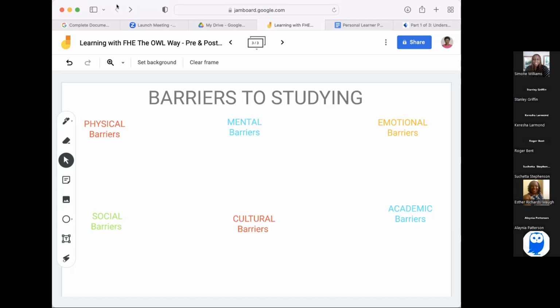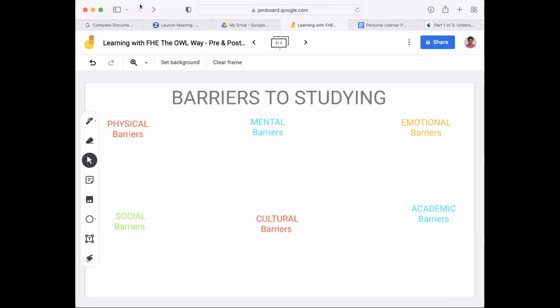And so within the whole study cycle, you would have learned how to study, prepare to study, what should you do before class, while you're in class, after class, and so forth. But there are a number of things that we have to be cognizant of that will sometimes prevent us from allowing that cycle to take its course. And so some of these things are physical barriers, mental barriers, emotional barriers, social barriers, cultural barriers, and academic barriers.